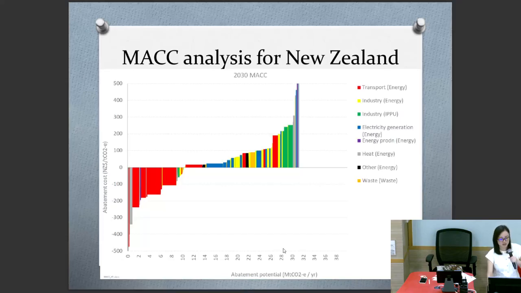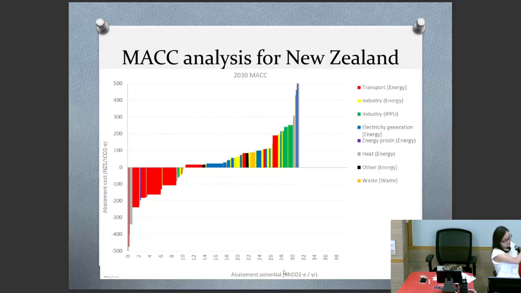And for the extra 6 megatons, from here to here, the cost is not too expensive. Maybe 20 to 30 New Zealand dollars for every ton of carbon dioxide equivalent. So not too expensive, and you will be able to reduce a further 6 megatons of carbon dioxide equivalent.